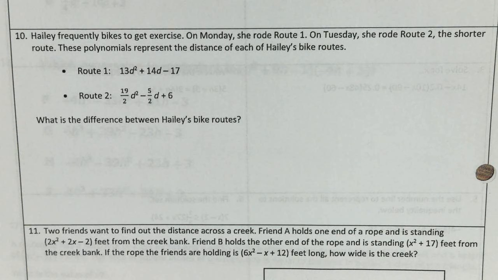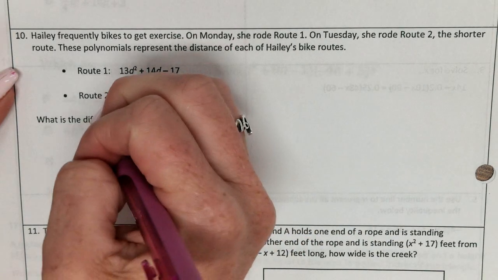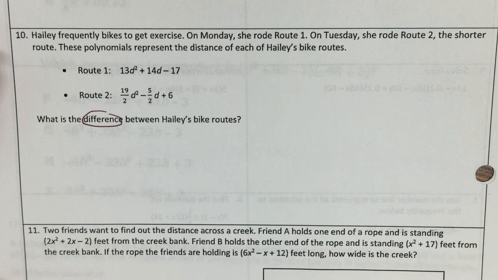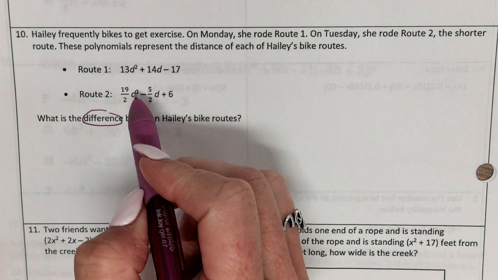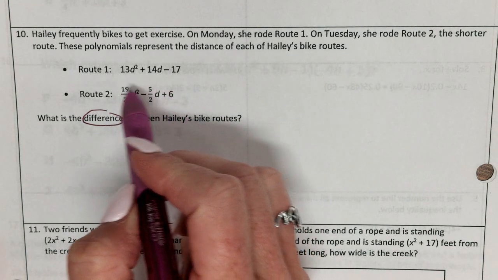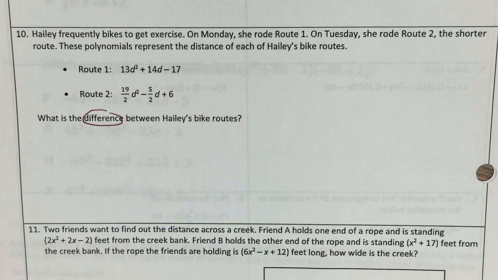So now that you've read it, what was the word that you saw that told you what you need to do? Difference. What does difference mean? Subtract. But here's the problem. This is a polynomial. So it's not like you're just subtracting 10 minus 5. You are taking this polynomial and subtracting this entire polynomial. Does that make sense?